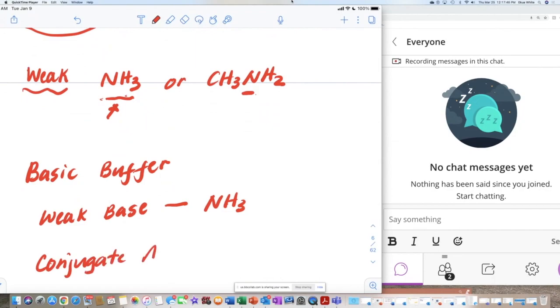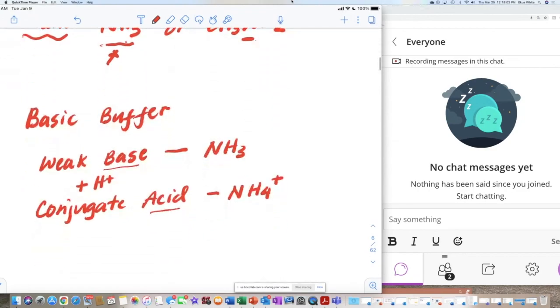Now, I explained last time in chapter 16, to go from a weak base to the resultant acid, you have to add H plus. So take this formula here, add H plus, we get NH4 positive, right?